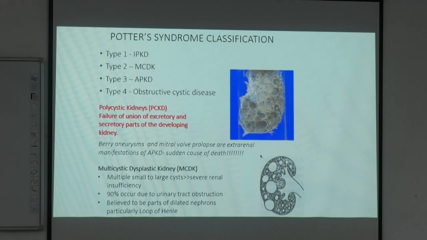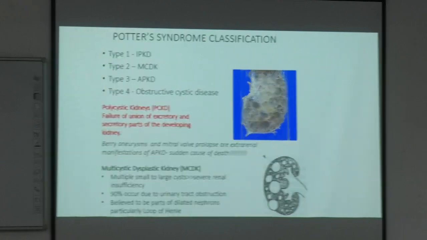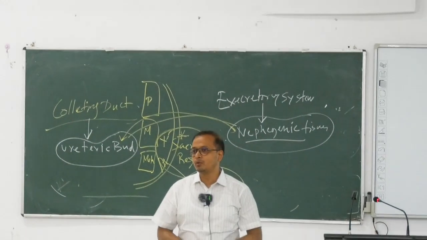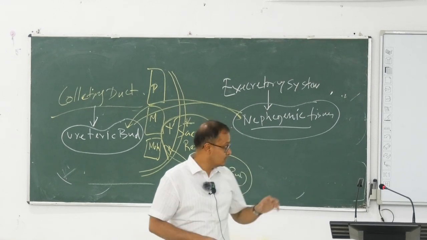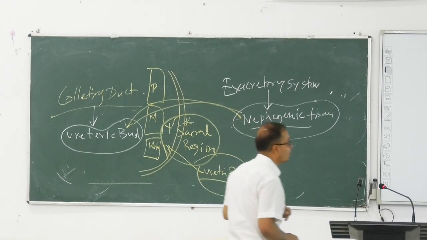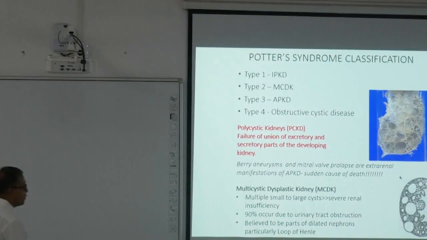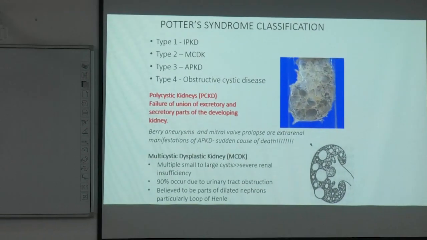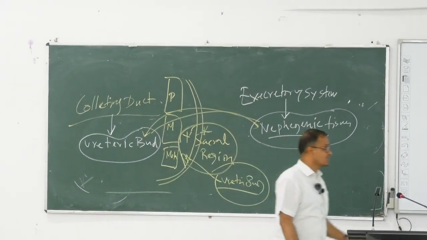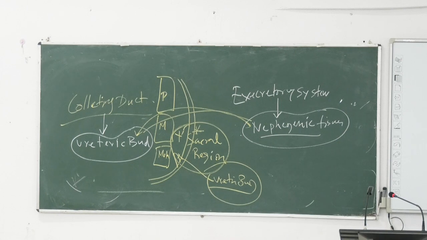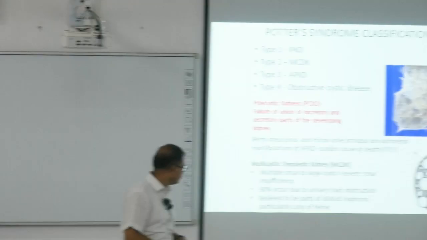So this is a kind of grave problem. We cannot save the kidney whatever way we try, unless we replace the kidney. So this is one of the things we have to know about this abnormal union or non-interaction error of the nephrogenic tissue with the ureteric bud, which is known as polycystic kidney. This is a grave kidney error that can happen.